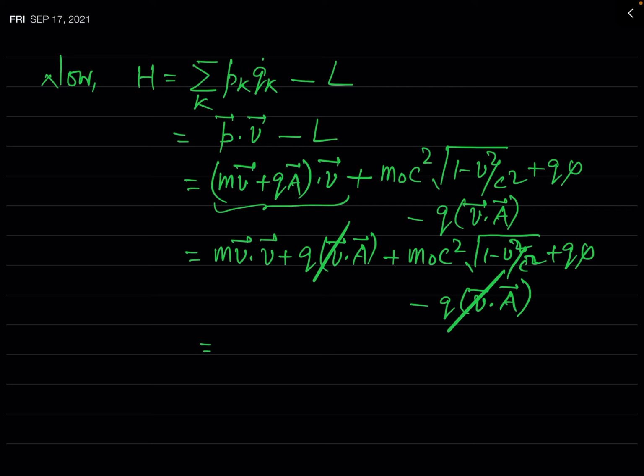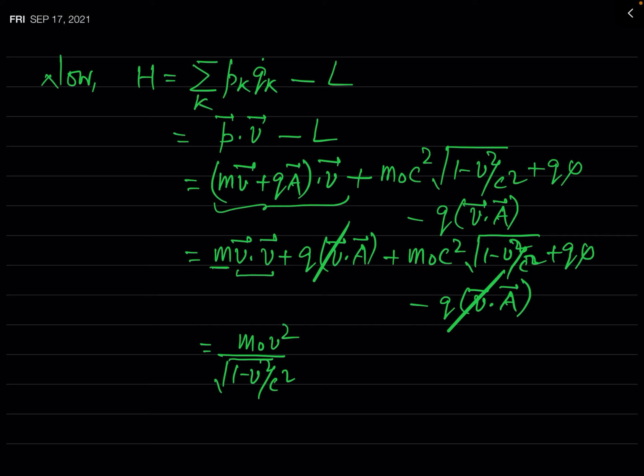This is in fact mv square, but you know this m can be written as m naught by square root of 1 minus v square by c square. This is actually the relativistic mass variation formula. And this v dot v, what will it be?